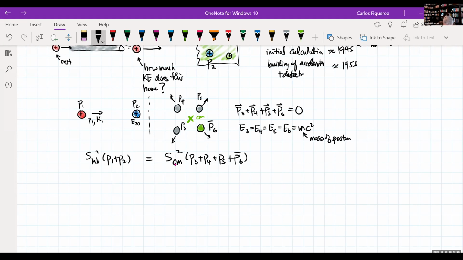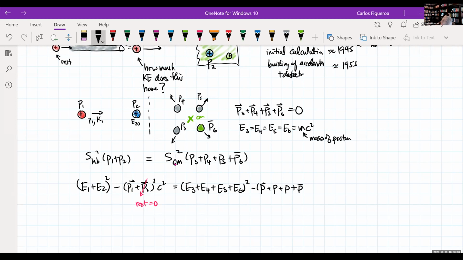So if I write this down, this is going to be (E1 + E2)² minus (P1 + P2)². But note, this guy's 0, because it's at rest, that means its momentum is 0. And then if I look at the right side here, we see that all of these momentums are 0 and that these are all rest energies.